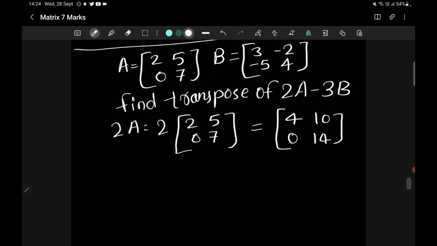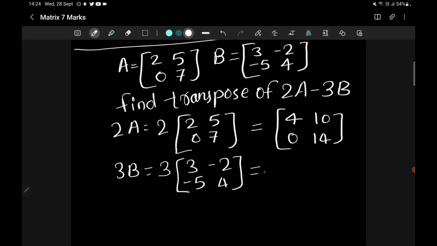Then let's find 3B. Same, 3 into B matrix. 3, minus 2, minus 5 and 4. 3 3s are 9, 3 2s are minus 6. Minus 15 and 12.